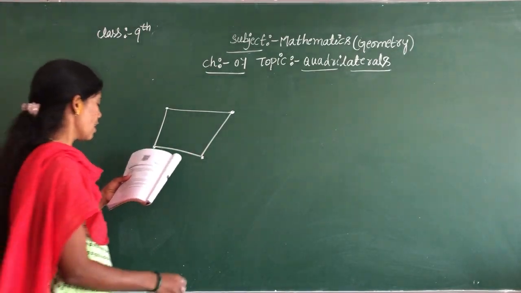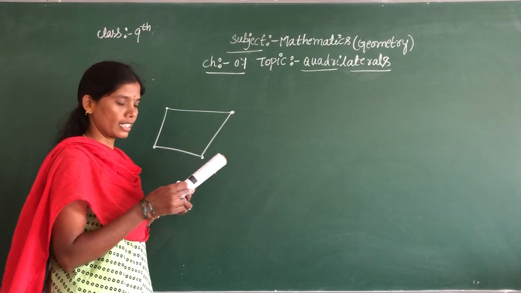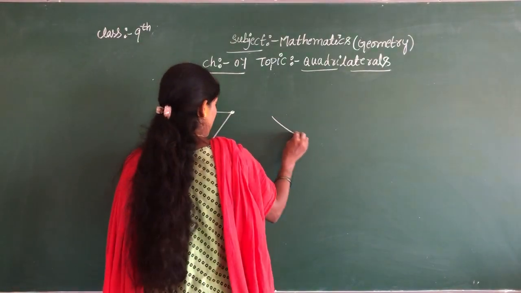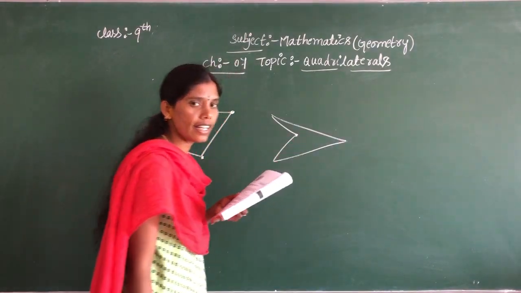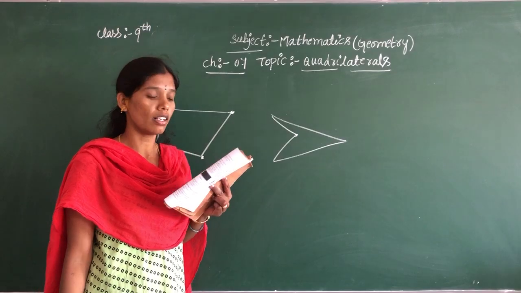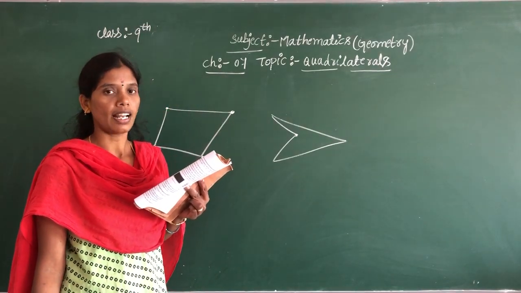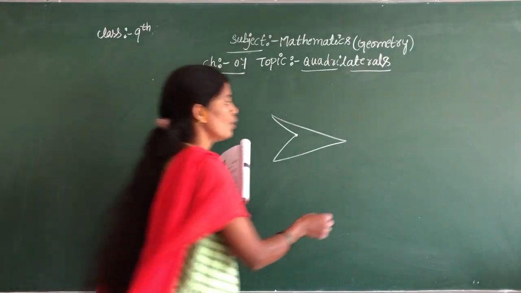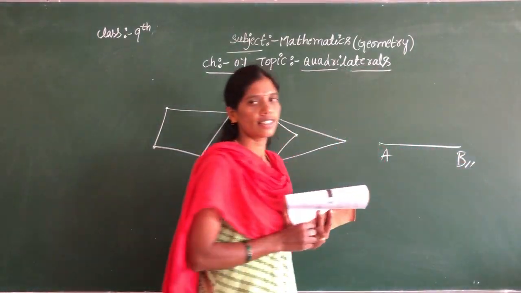This is called a convex quadrilateral. Next, in this one the edge is coming inside the portion. This is called a concave quadrilateral. Children, how do you know? Line segment AB is one of the line segments.